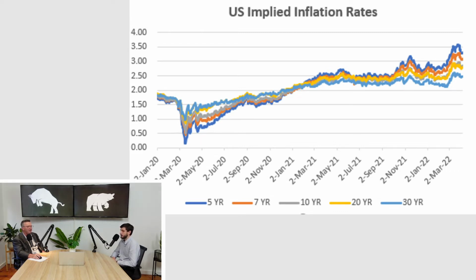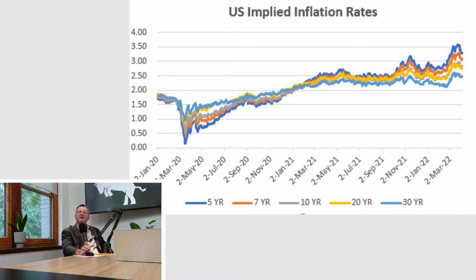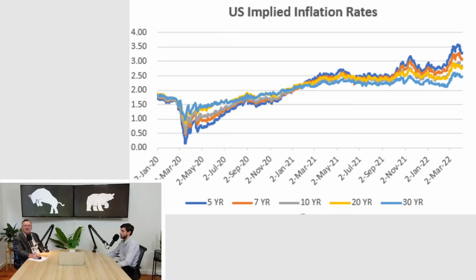Yeah, absolutely. So there was the narrative that the inflation was transitory, and the US Fed was saying it wasn't permanent. You can see that period from May to November last year, where inflationary expectations were just going sideways.